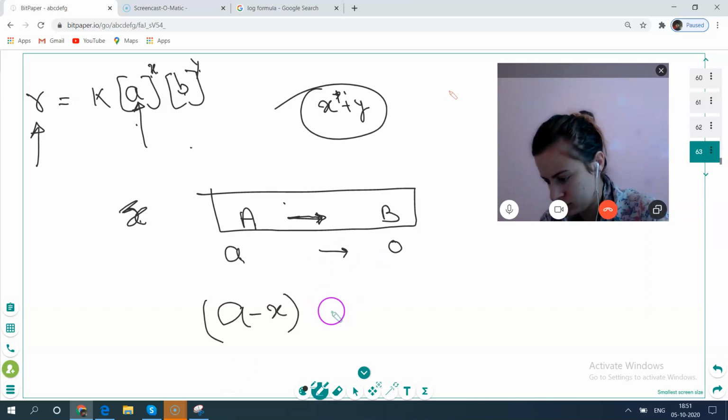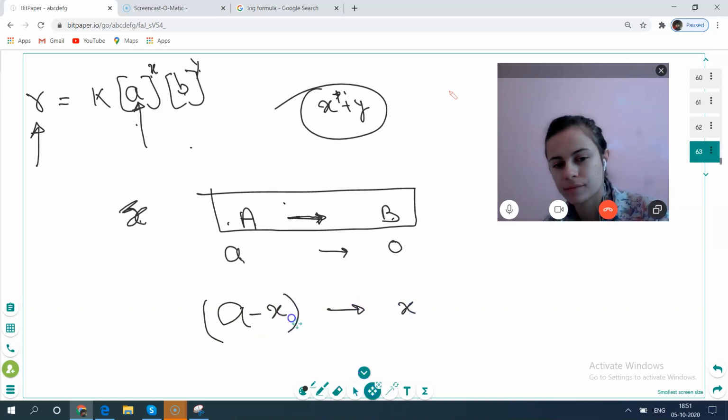How much B will be formed? One mole of A forms one mole of B. So the concentration of B is x. Correct?